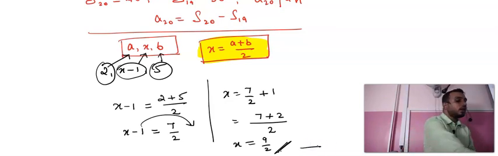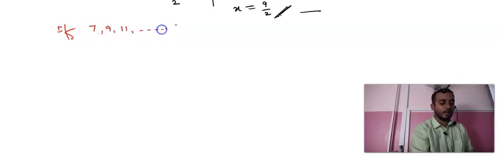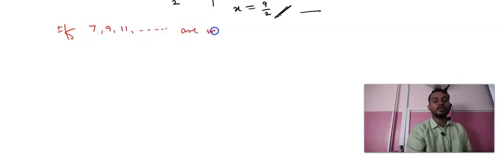After this, we have one more question for 1 mark. They may give you the question like this: if 7, 9, 11 and so on are in AP, find the common difference.